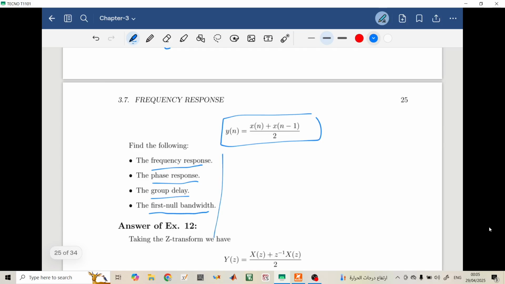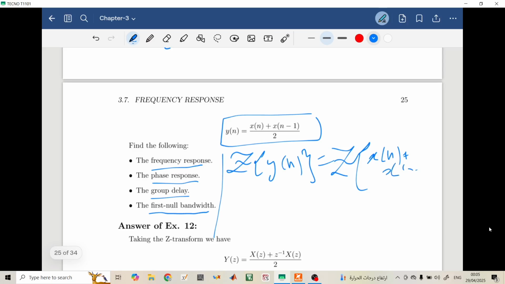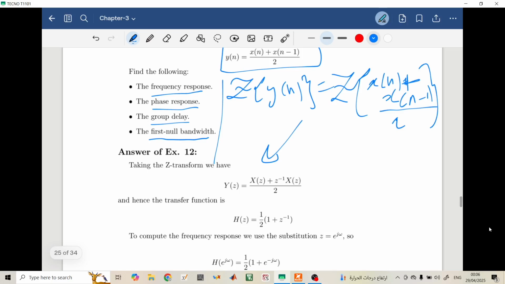So we take the Z transform of both sides of the equation, and this will give us this equation, right?